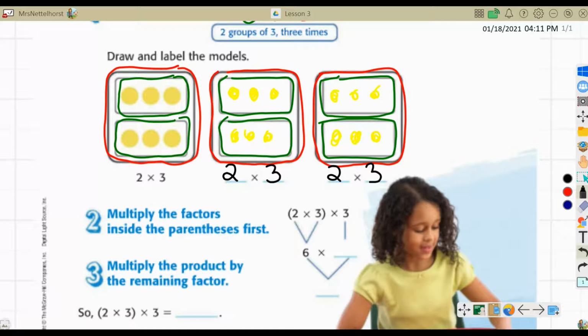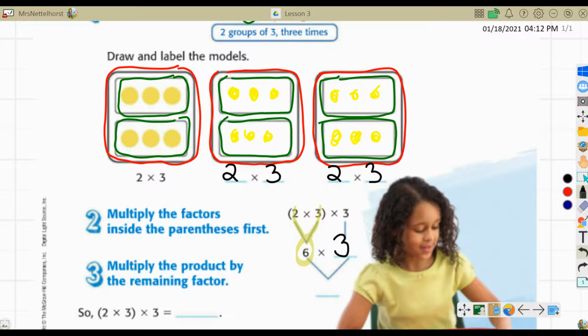Let me highlight so you know where I'm looking. Okay, so 2 times 3 is 6. Then I'm going to continue with the times 3. I'm not changing that just yet. We kind of call that bringing down. You bring down the 3 because you're keeping it the same.